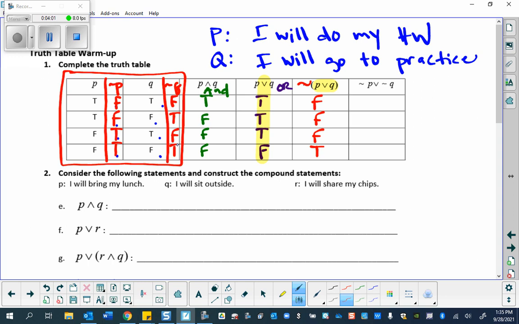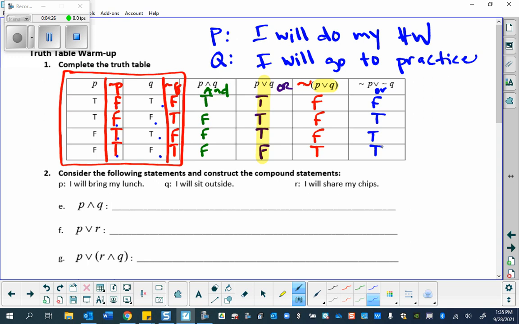So when I come over here and I'm looking at not P or not Q, it's going to take the truth value because it's an or statement. All I need is at least one of them to be true for that part of the story.